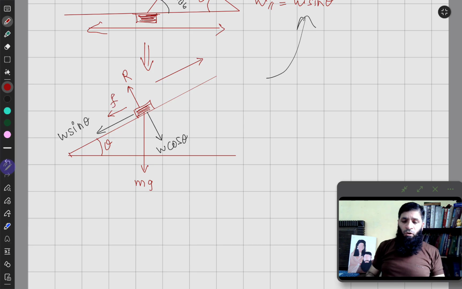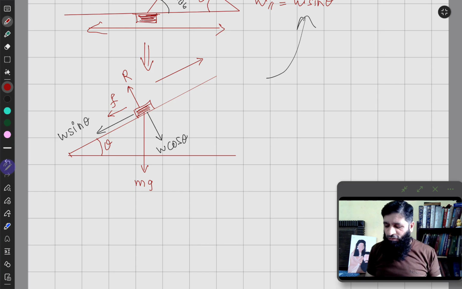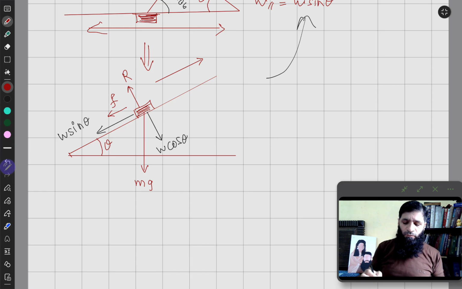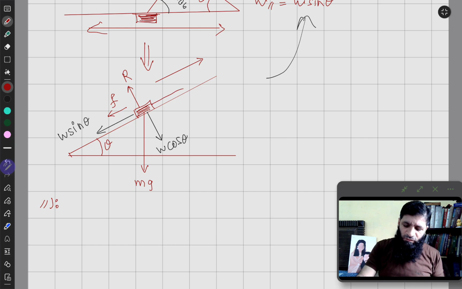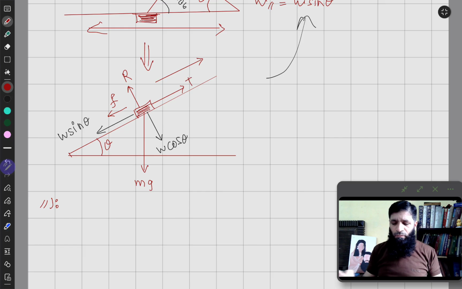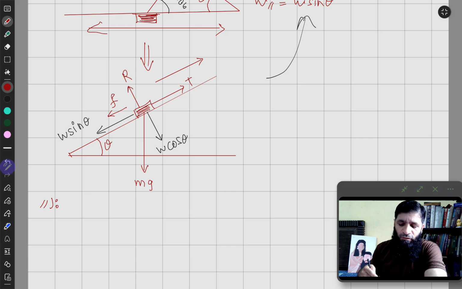Now you will see all the horizontal forces and vertical forces. First of all, look at the horizontal forces. Let's suppose there is a force, and let's suppose the force is T. Then you can see that if the object is in equilibrium, then all backward forces will be equal to all forward forces.